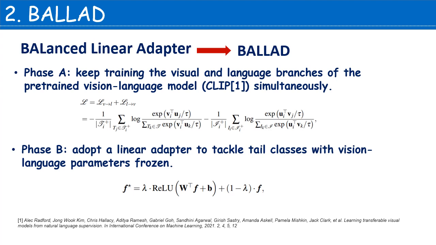Then, in phase B, we freeze the vision-language backbone obtained from phase A and utilize an additional linear adapter layer to help our model refine its visual and language representation on those tail classes. The additional linear adapter layer is used to adapt the visual representation and combine the original visual features with adapted ones.